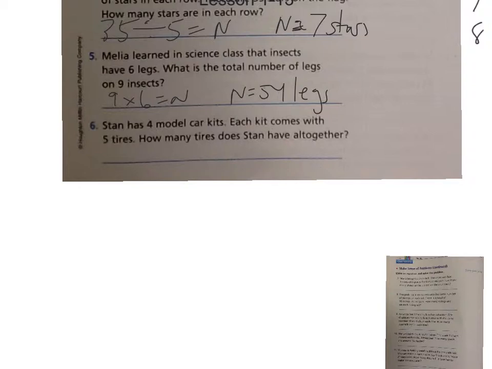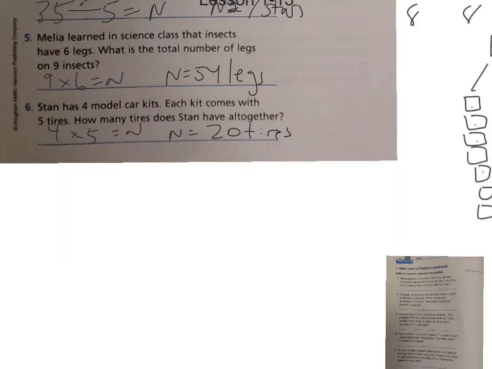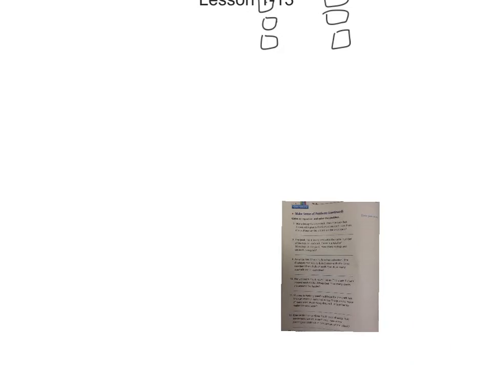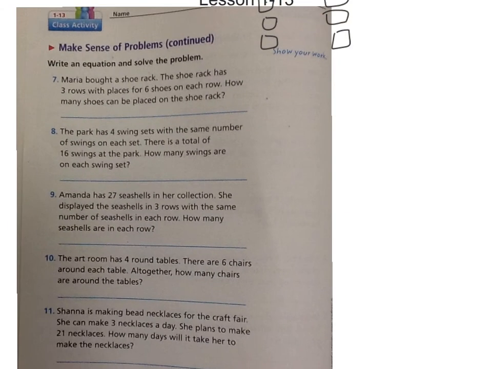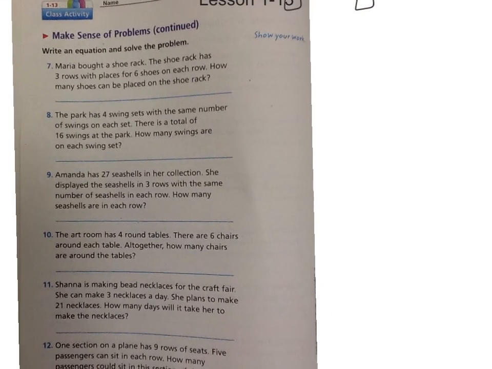How many tires does Stan have altogether? 4 kits times 5 tires in each kit equals n. So n equals 20 tires. Alright, so let's go to the next page. Same type of stuff on the next page. I want you to work on 7 and 8 on your own, and then unpause it and I'll go over the answers.